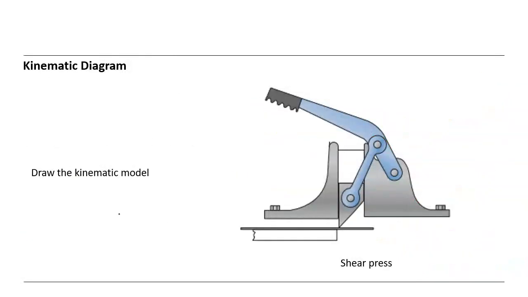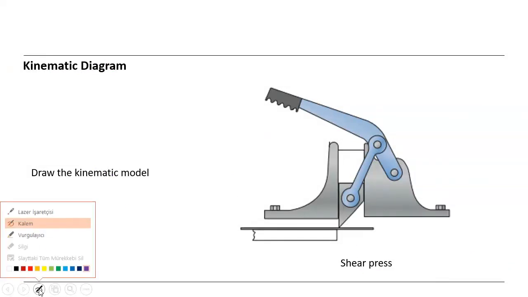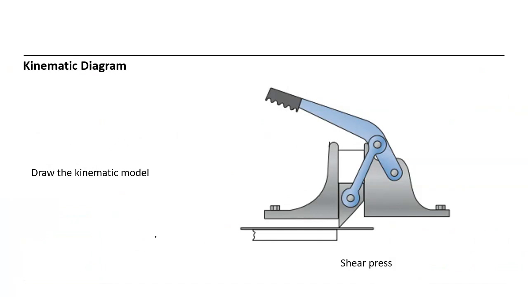Okay, then another mechanism. Draw the kinematic model of this mechanism. This is a shear press. So let's try to solve it. What type of mechanism do we have here in this shear press?